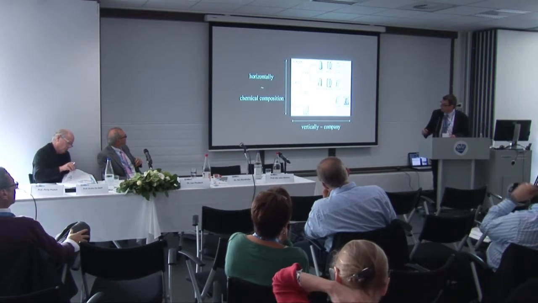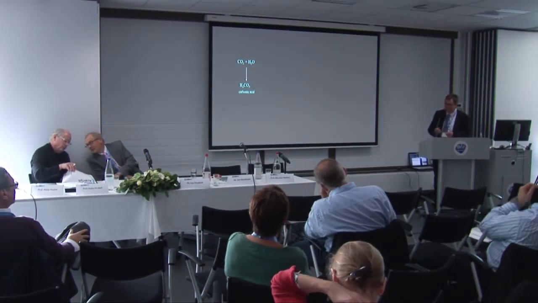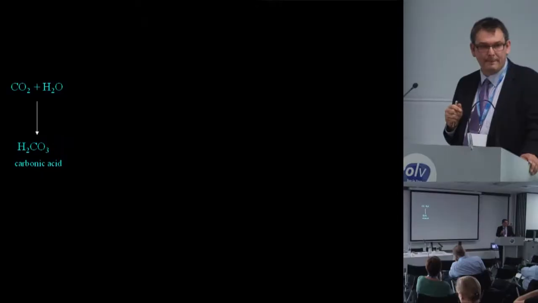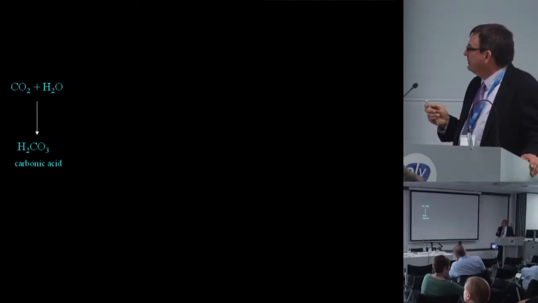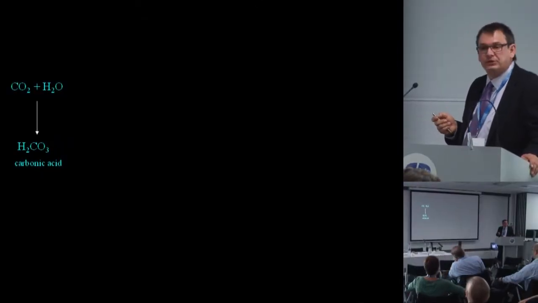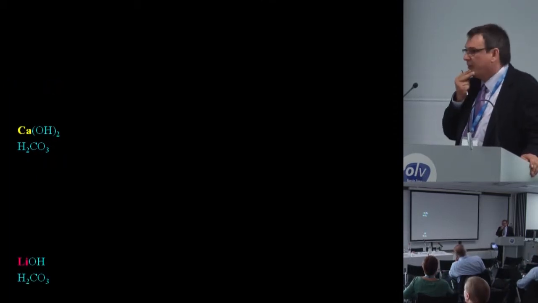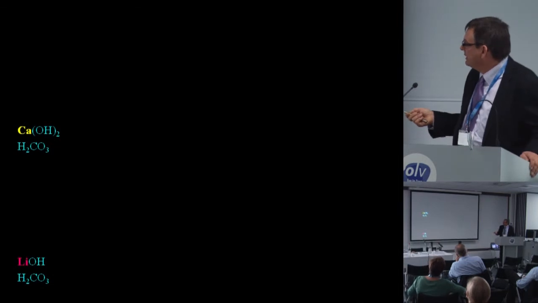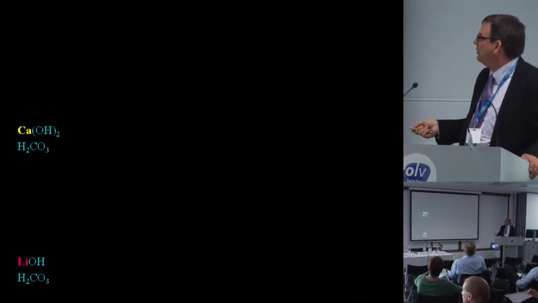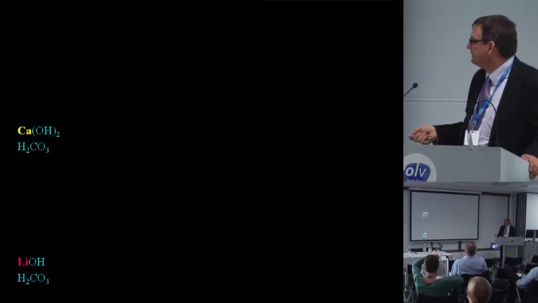Okay, let's start with the chemical composition. CO2 interacts with water to form carbonic acid. Carbonic acid then combines with calcium hydroxide, and basically all canisters but one use this process. There is one, the Eclipse from Micropore, that uses lithium hydroxide.